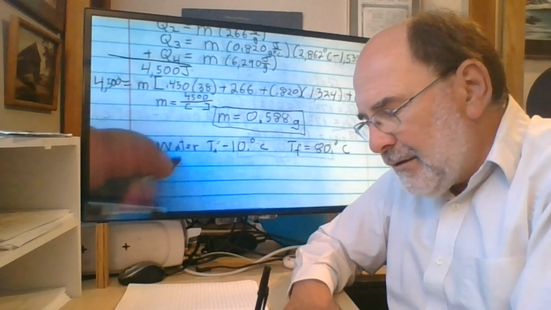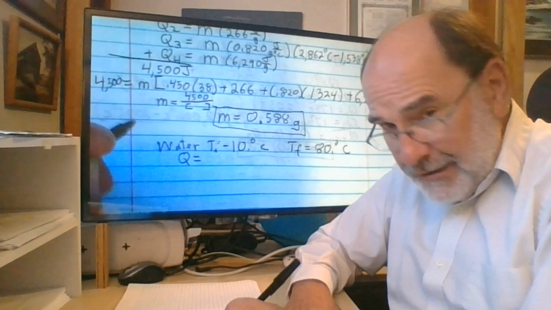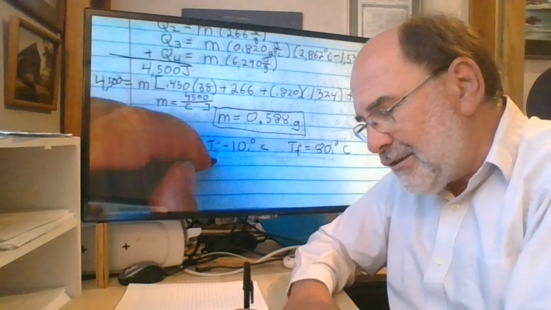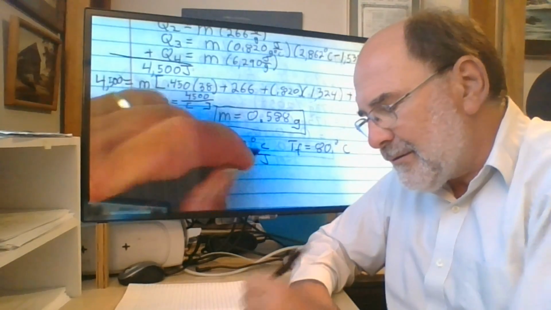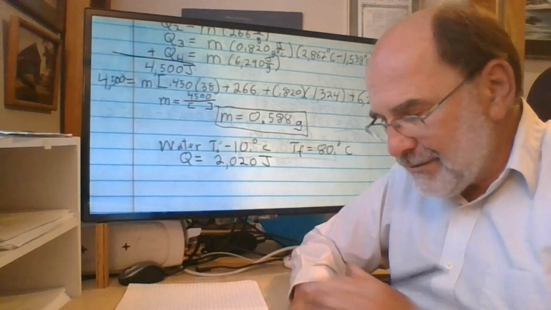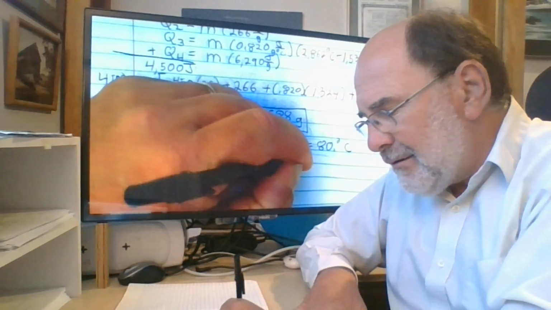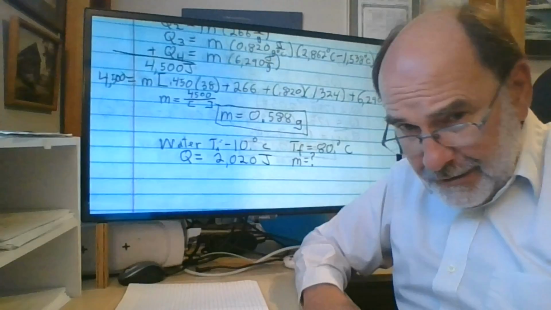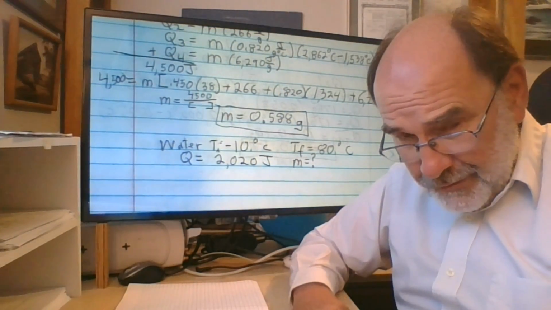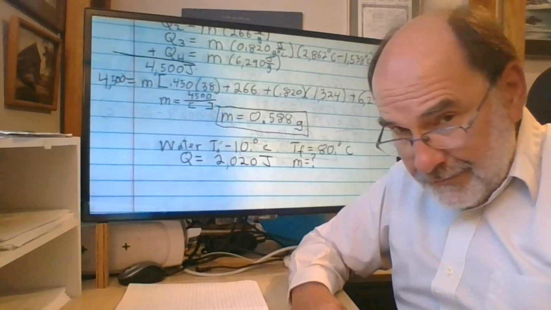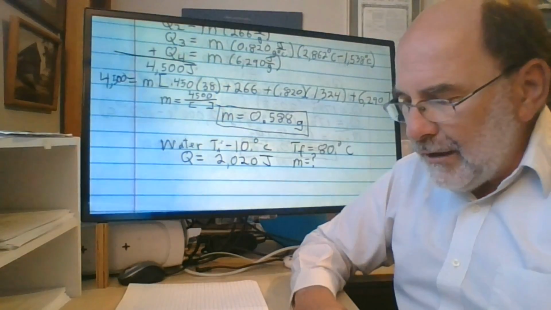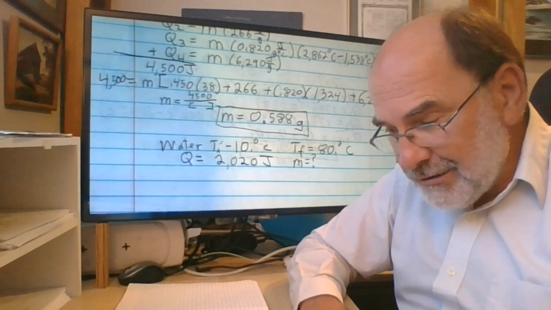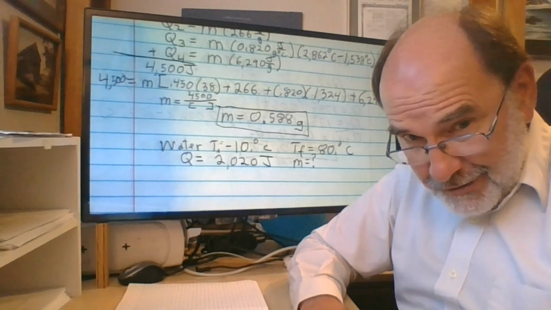Yeah, okay. So again, to celebrate all those seniors among us, I have a heat energy of 2,020 joules. Calculate, please, how much water can I take through that temperature change? So the problem, once again, I have water at an initial temperature of negative 10 degrees Celsius.